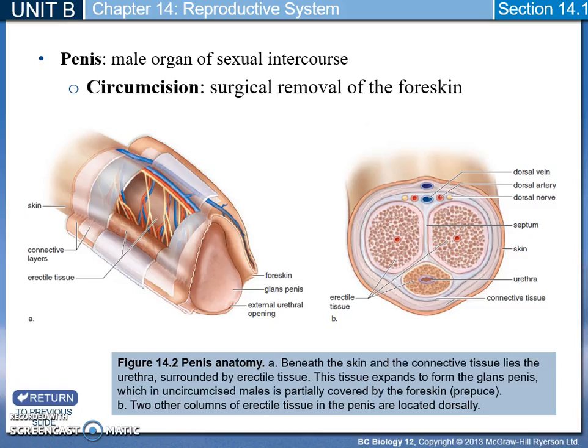So here's the cross section of a penis, which is the male organ of sexual intercourse. Circumcision is the procedure of removing the foreskin of the penis in the male, usually a few days after birth.